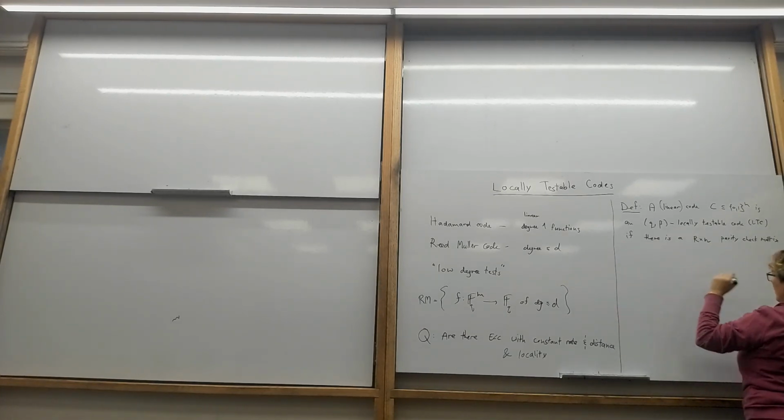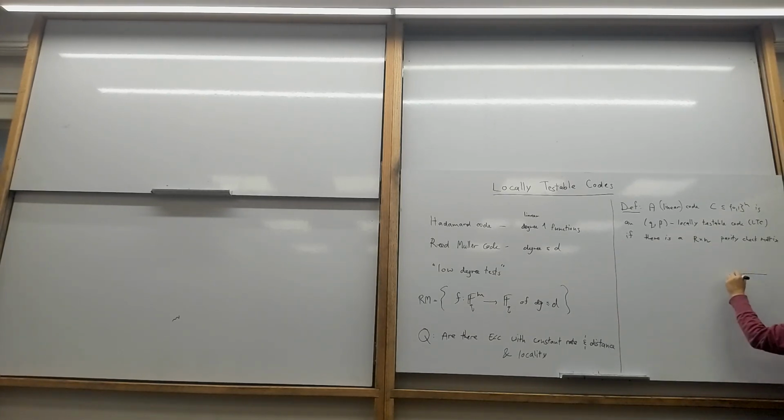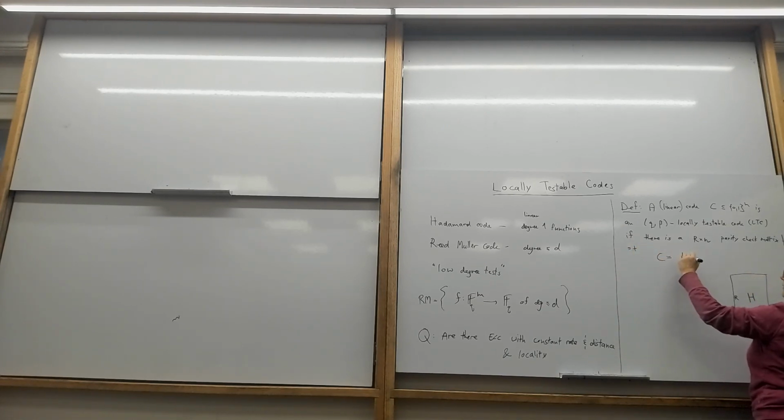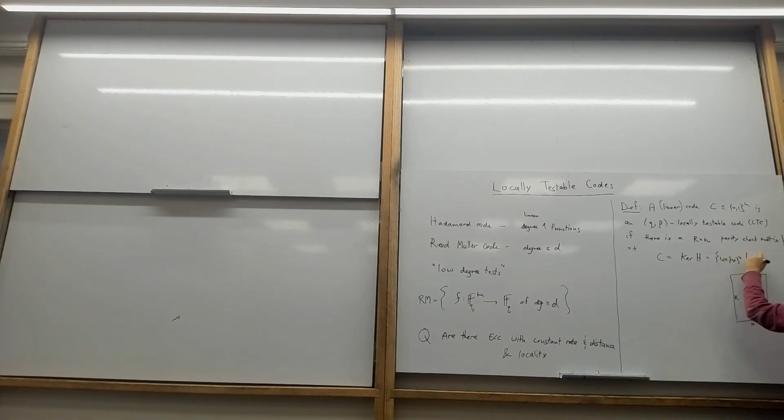Okay, so let me draw it. So this is N and this is R, and this is my matrix H, such that C is the kernel of H, meaning it's the set of n-bit strings W such that multiplying on the right gets you to 0.